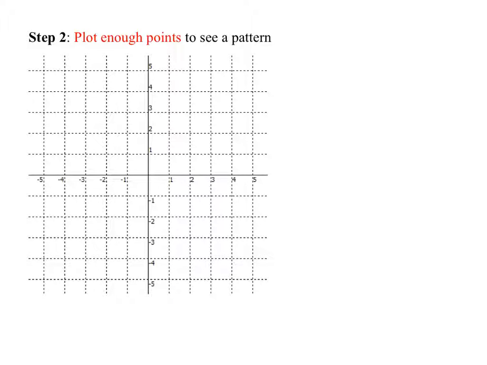So our first set of points was negative 3, negative 5, which is going to be down here. We're going to plot all of them. And then our next ordered pair was negative 2, negative 3. Then we had negative 1, negative 1. Then we had 0, 1.